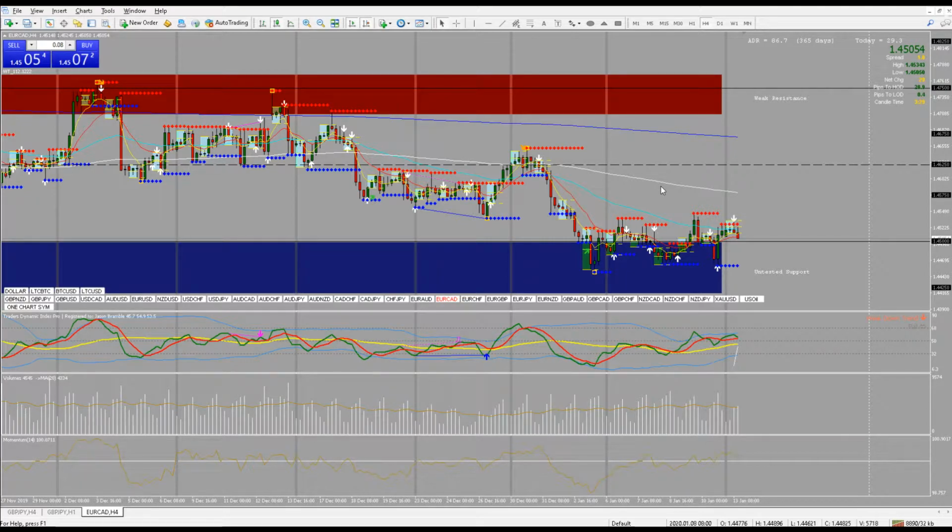So yes, I want you to use the indicators as training wheels if you are a beginner. But if you are an experienced trader, you'll be able to use this system. You might as well call it a system that I've put together. You'll be able to use this system in order to alert you.